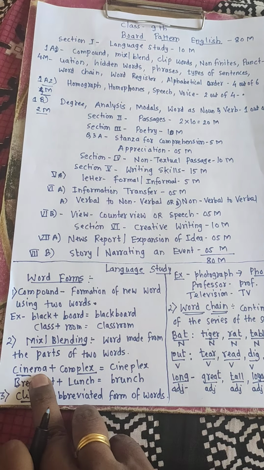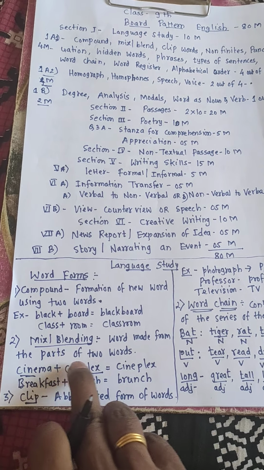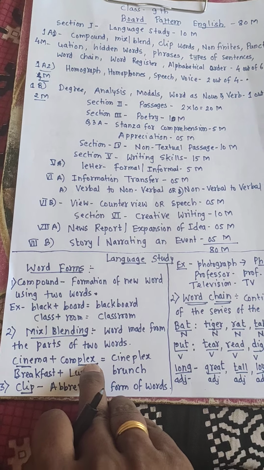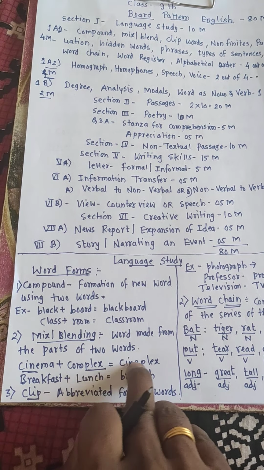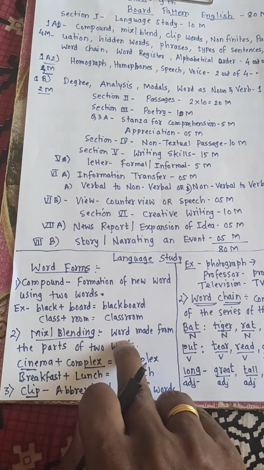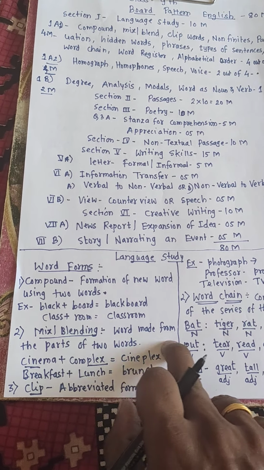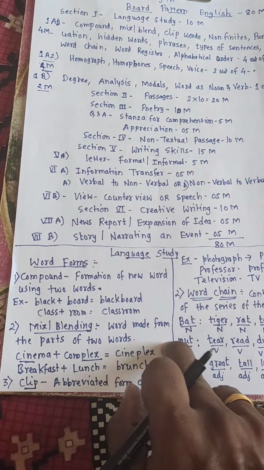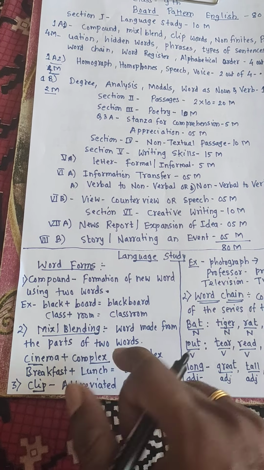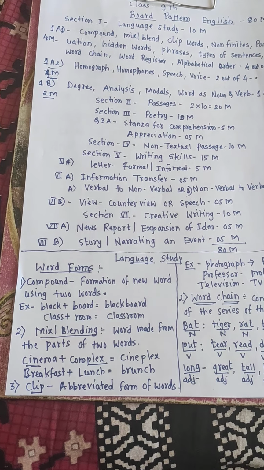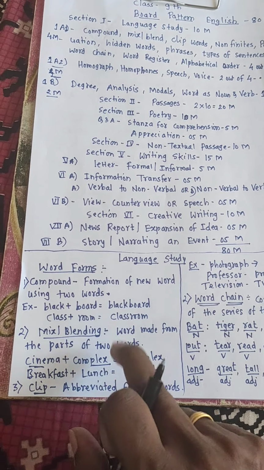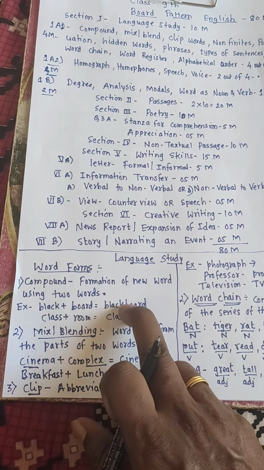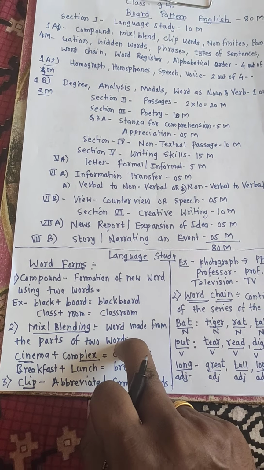Now see here, you can see cinema and another word is complex. From cinema, cine is taken, from complex only plex is taken and new word is made, cineplex. Now this is a blend word or mix word. Blending itself means mixture or mixing two things, but complete words are not mixed. Remember, this is the difference between compound words and mixed words.